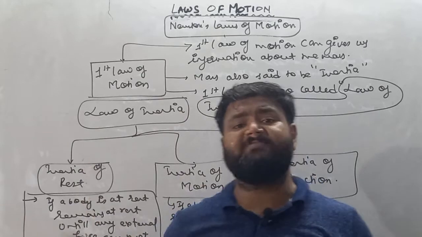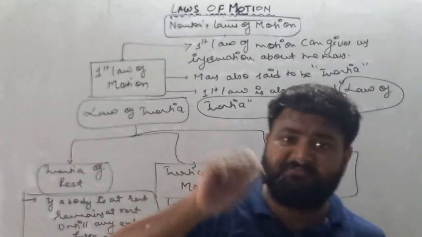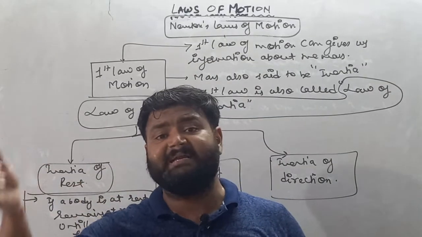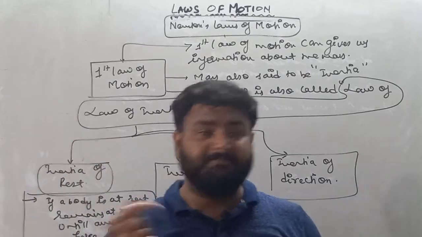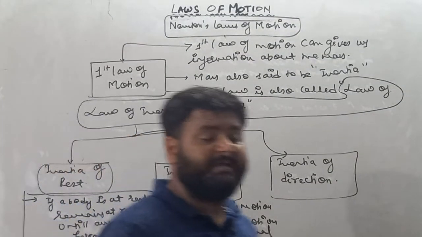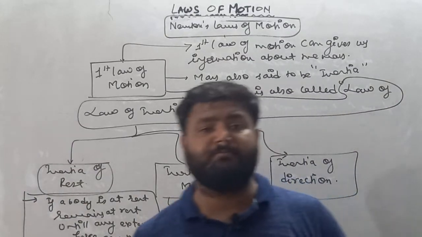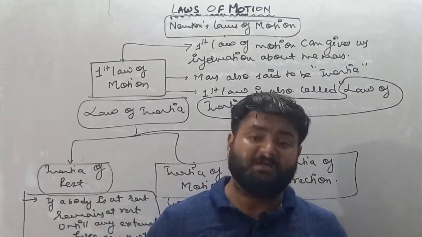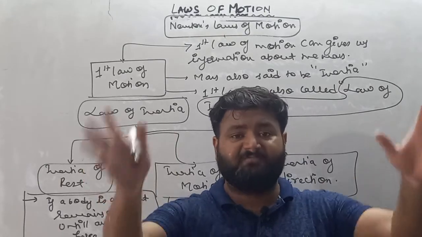Without the presence of external force, if a body is in motion, then it cannot come to rest. Similarly, if the body is at rest, then it cannot automatically come in motion until and unless we apply some external force on it.